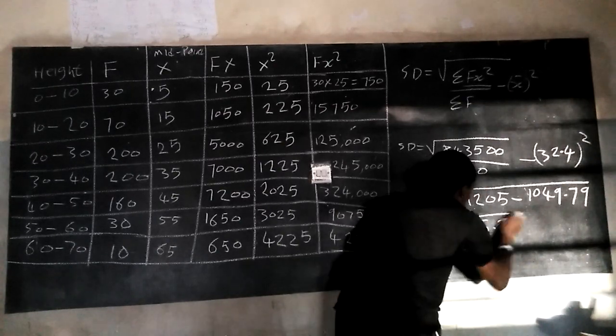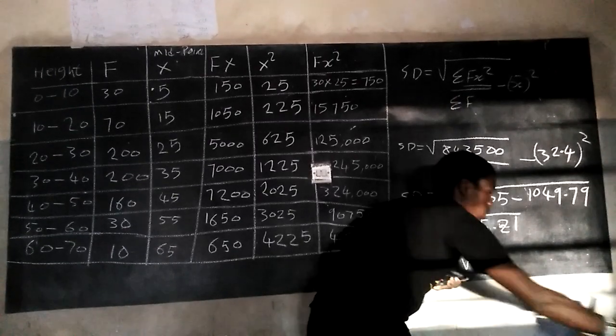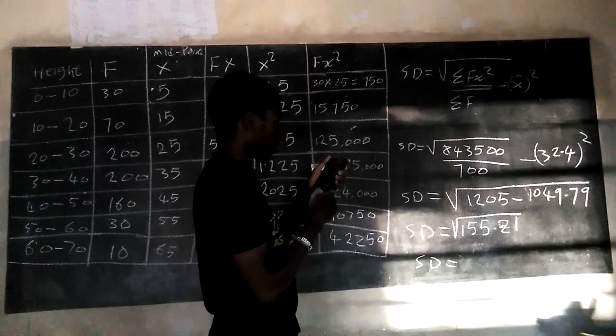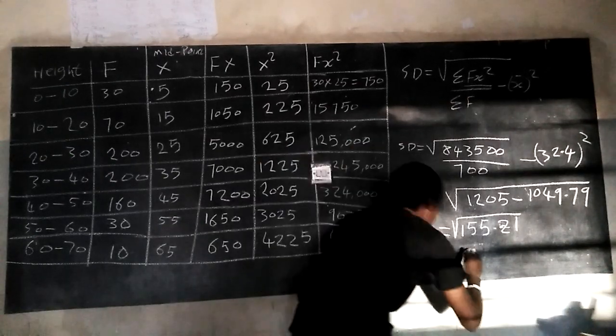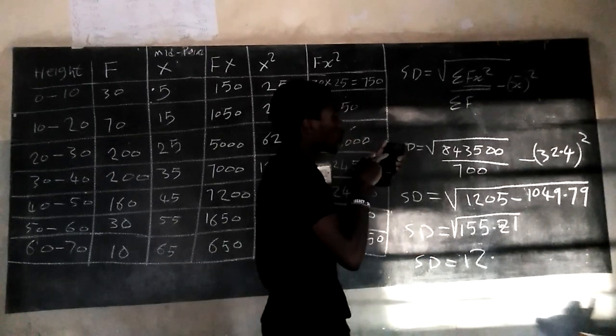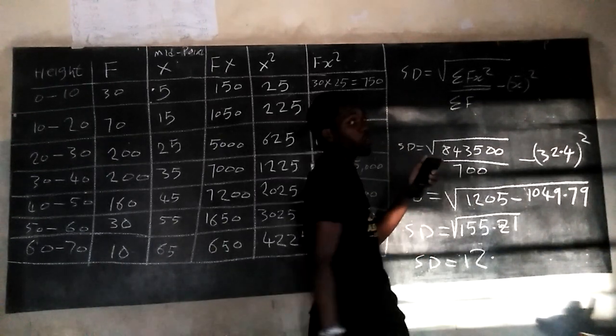Then the square root of this is now the standard deviation. It's giving me 12.458330. So you round it off to one decimal place.